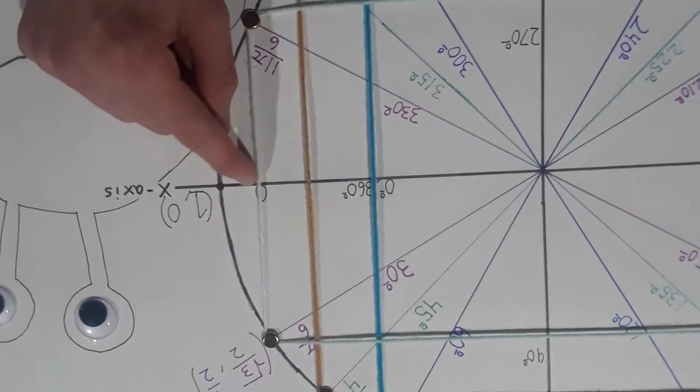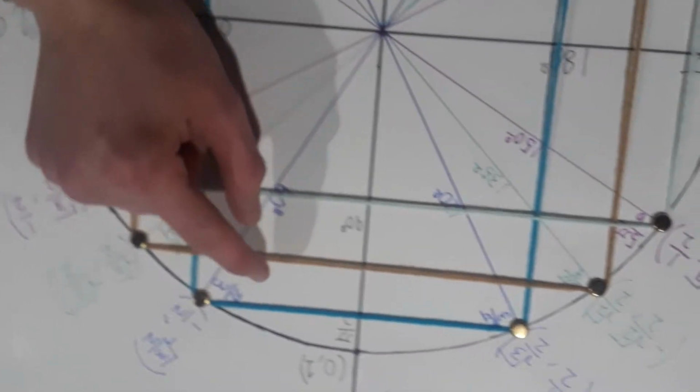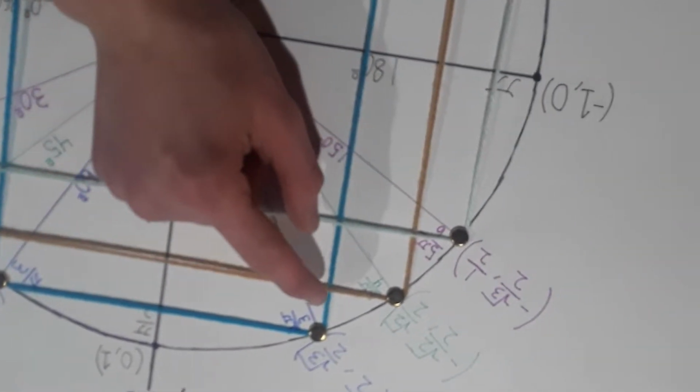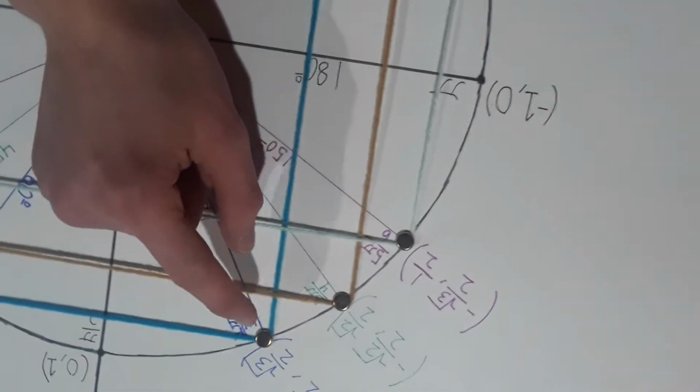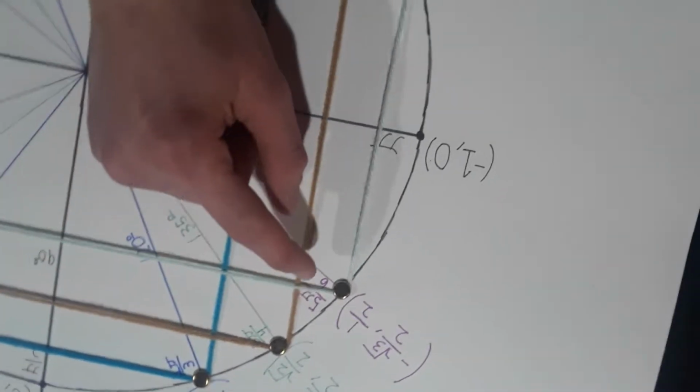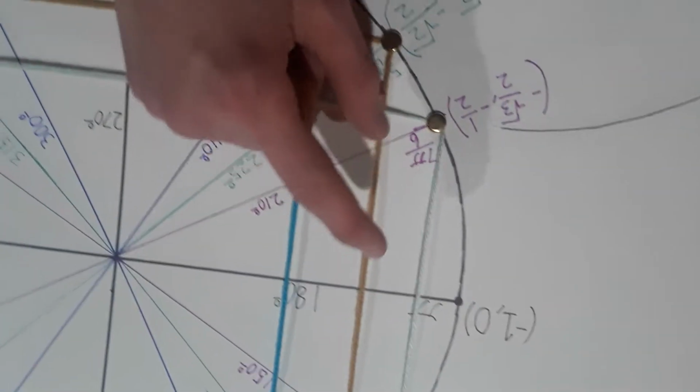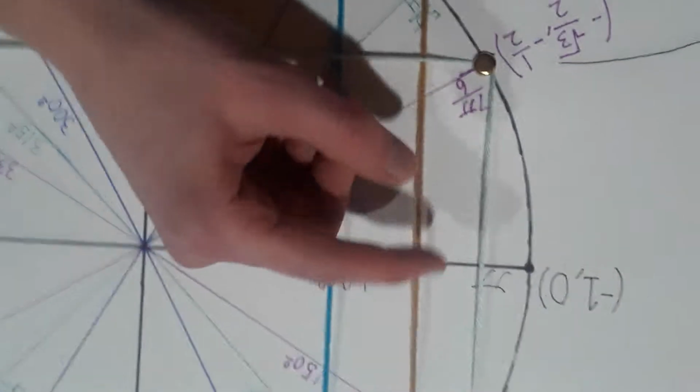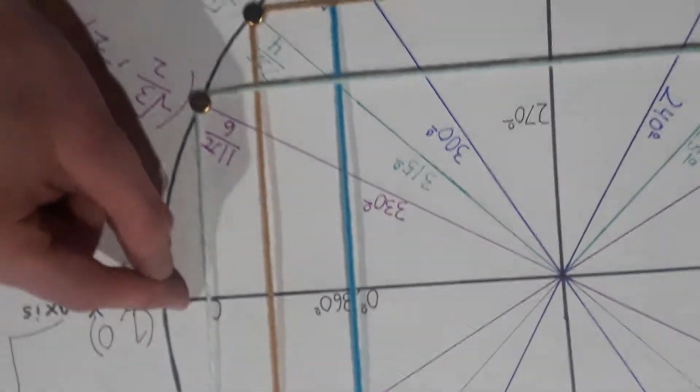So as you start at 0, you have 0 radians, pi over 6, pi over 4, pi over 3, pi over 2, and then 2 pi over 3, 3 pi over 4, 5 pi over 6, pi, so pi is 1/2 circle, and it keeps going around until you get back to 2 pi as one full circle. Okay?